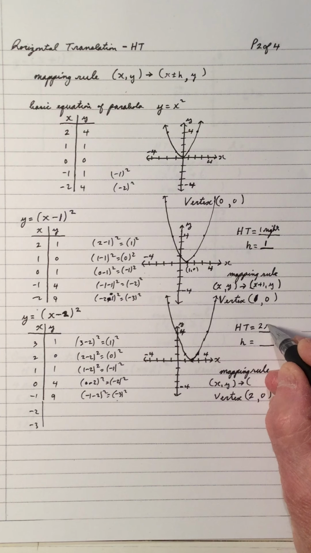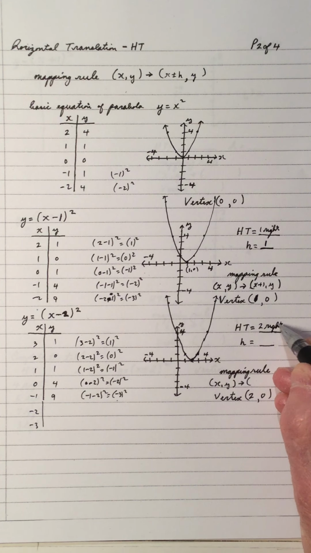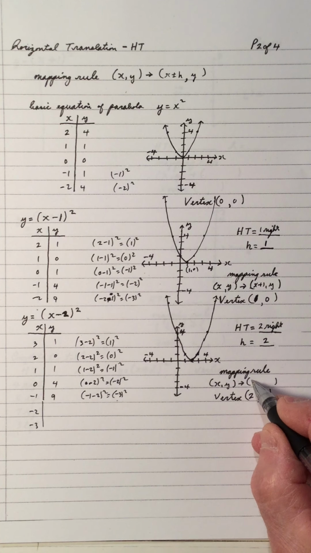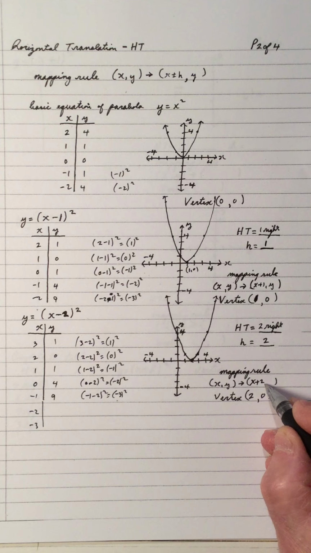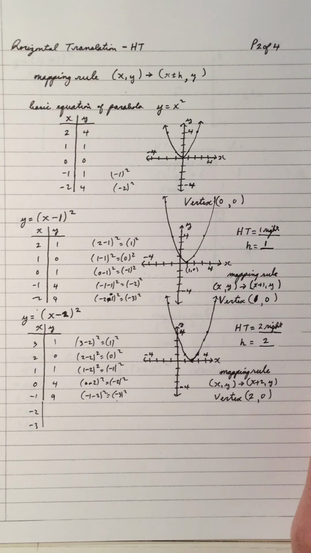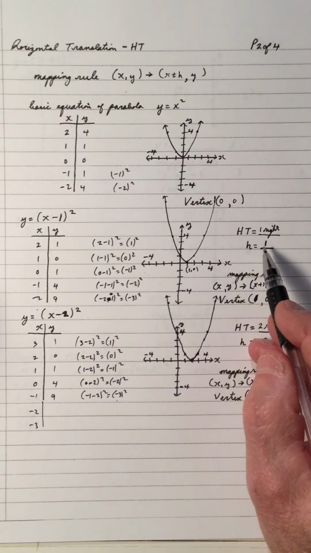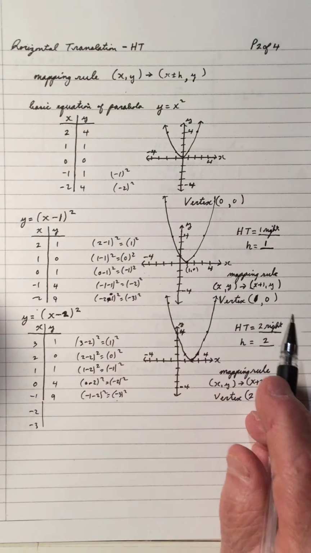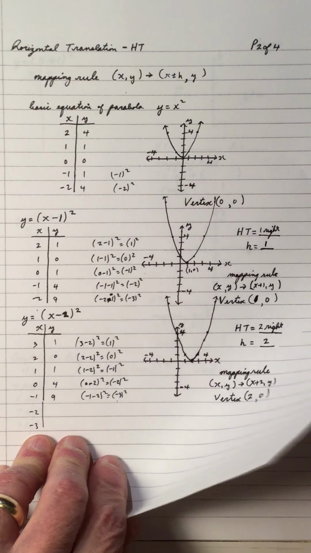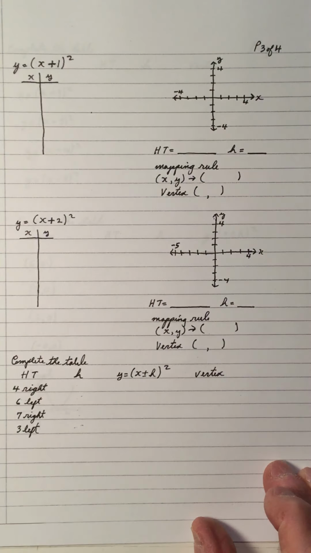So 2 right is the horizontal translation, and that's a plus 2. So the mapping rule is x plus 2, comma y. And again, notice that it's opposite. It's moving to the opposite of what we have here in the brackets.